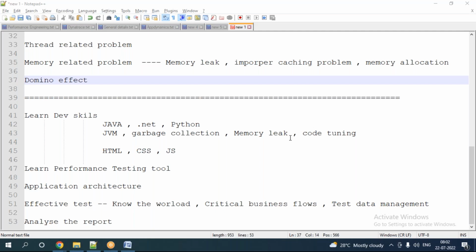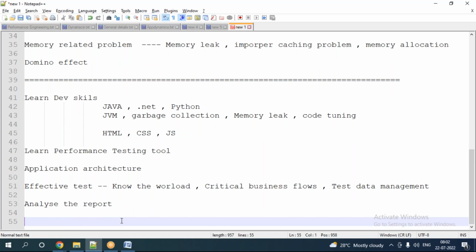After identifying the bottleneck, learn some concepts in database tuning. Try to understand that, and the effective testing I told you about, like knowing the workload.